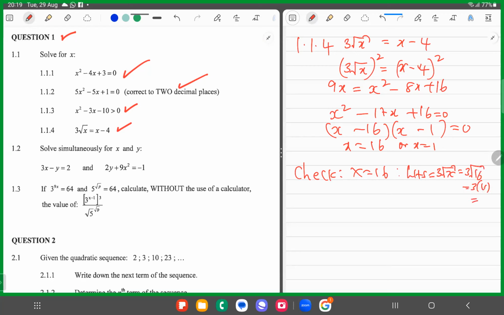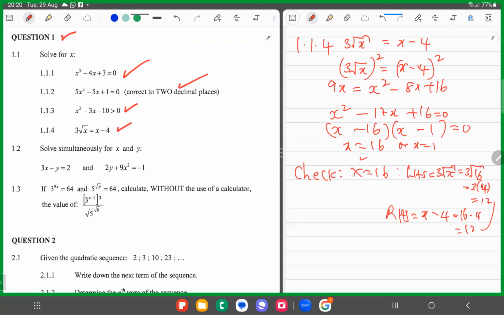It is 4. 3 by 4 is 12. Now you check the right-hand side. I'm just sharing some of the skills here on our exam mastery. So you put 16 minus 4. What is 16 minus 4? It is 12. So in other words, 16 is okay.